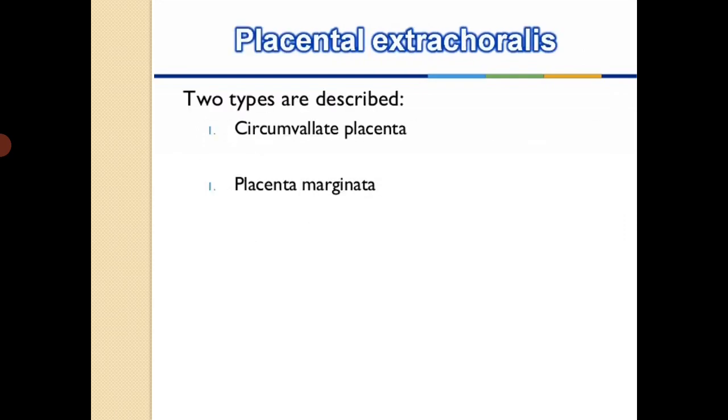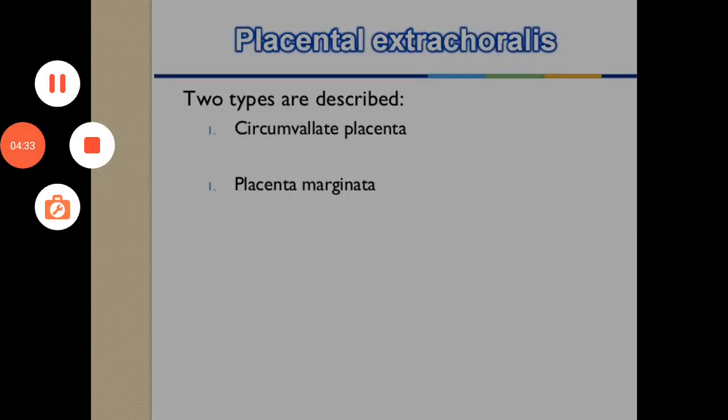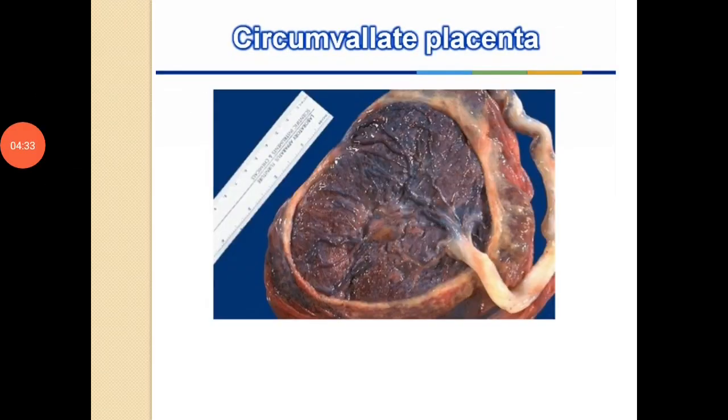Next condition is placenta extrachorialis. It has two types, circumvallate placenta and placenta marginata. This is the circumvallate placenta, where a placental anomaly is observed on the fetal surface as a thick white ring, which gives the impression that the central portion looks somewhat depressed.